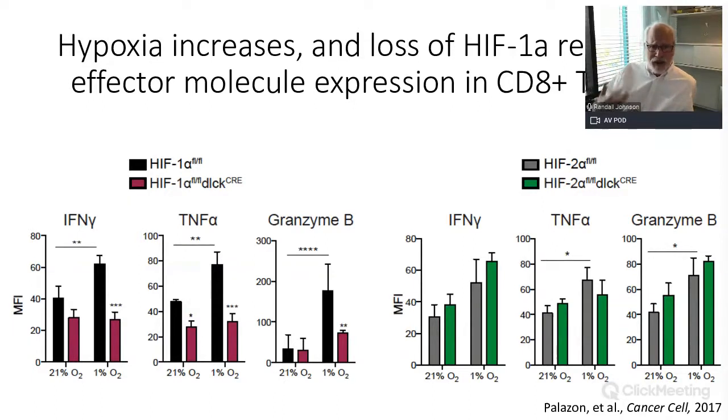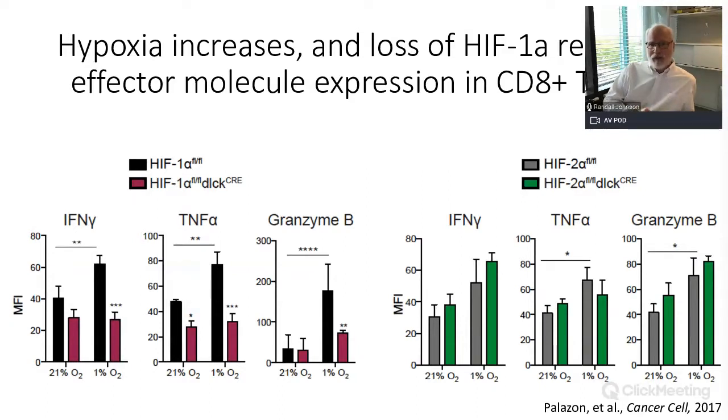then decided to look at HIF-1 alpha knockouts specifically. HIF-1 alpha and HIF-2 alpha knockouts show quite different effects when those knockouts are specifically in cytotoxic T cells. But what you can see here is both that hypoxia triggers an increase in the expression, as that previous slide showed, of a number of markers of T cell activation in cytotoxic T cells, factors like gamma interferon, TNF alpha, and granzyme B, but that the expression of those is very significantly reduced when HIF-1 alpha is knocked out.